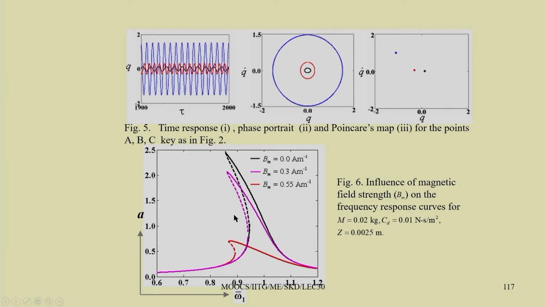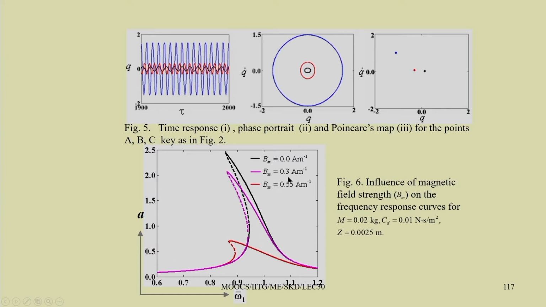In this magnetoelastic beam, we apply different magnetic fields. We have already seen how the frequency response and the response amplitude can be controlled. For example, without a magnetic field you have seen this black frequency response curve.